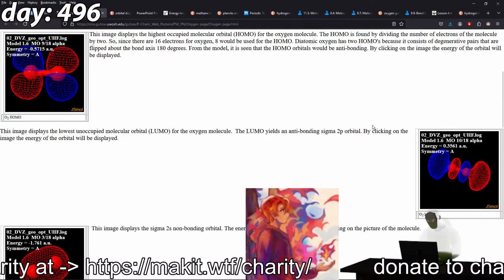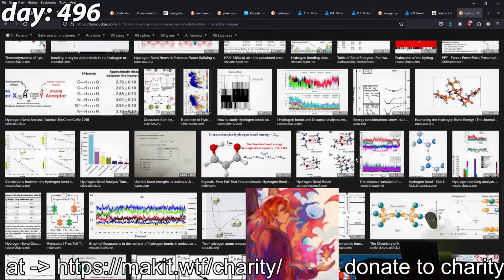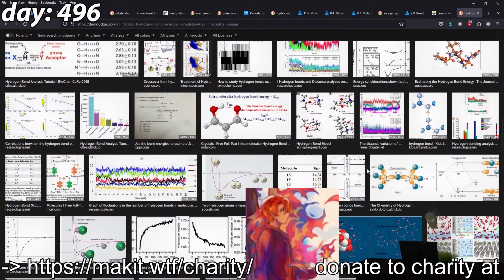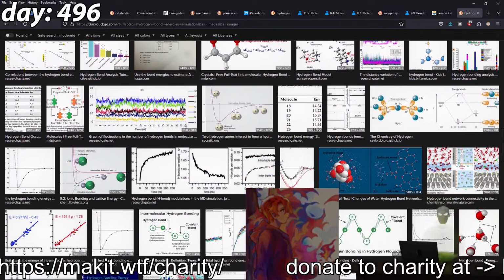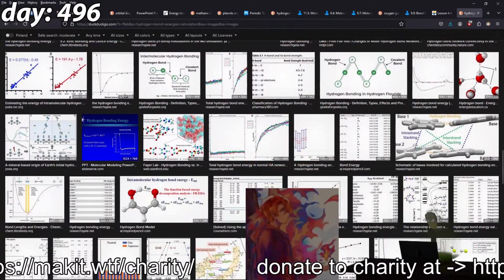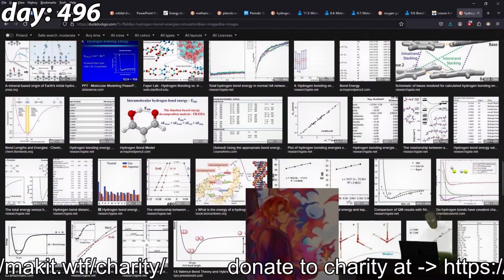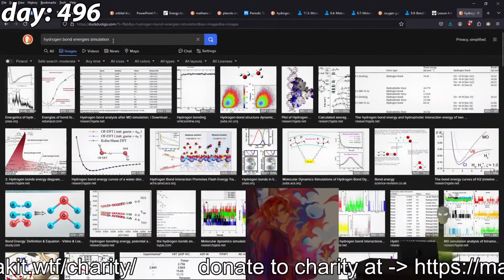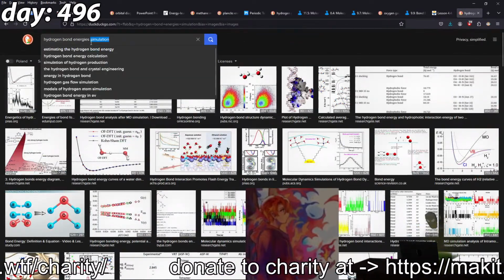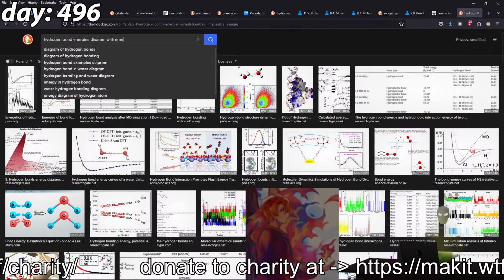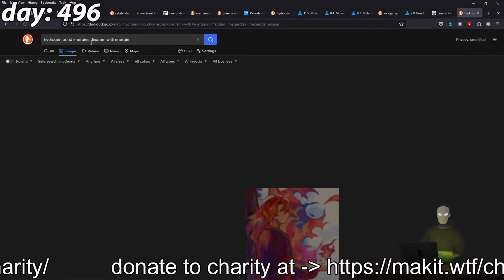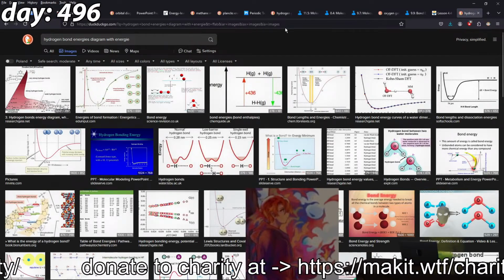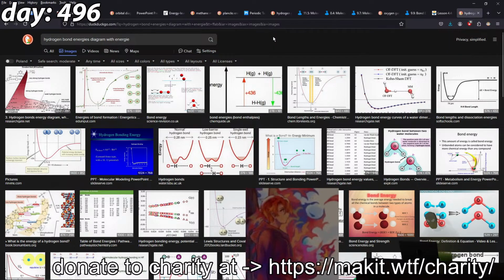As in, shows the energies, shows the diagram, and also shows the simulation. The diagram and the energies are the most important, because when it comes to the simulation, I can figure it out.